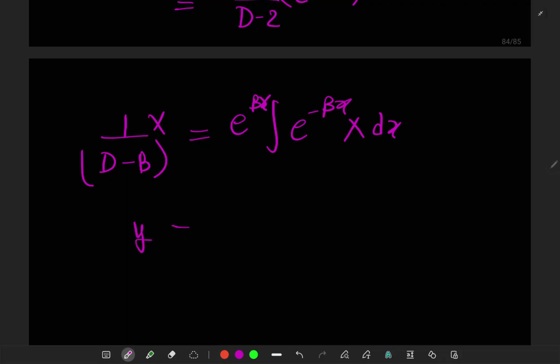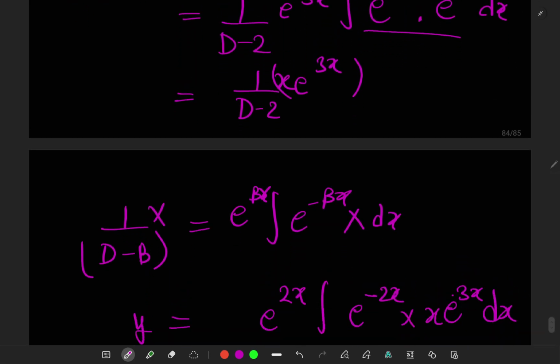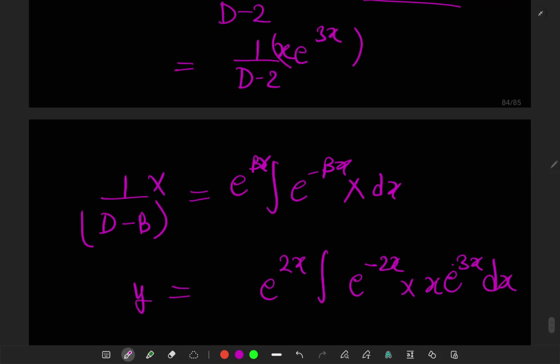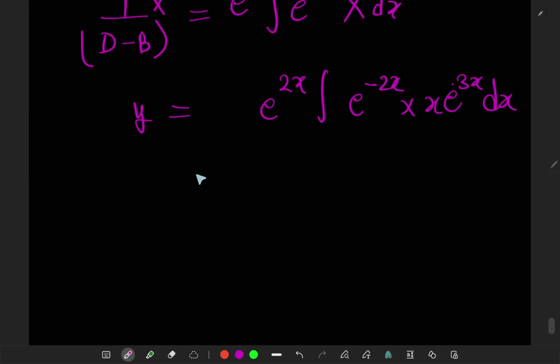So we can write here y is equal to e raised to power 2x integration e raised to power minus 2x into x e raised to power 3x dx. Here x is equal to x into e raised to power 3x. Now we can write here x into e raised to power x dx.